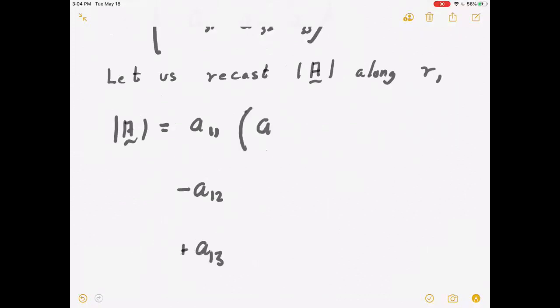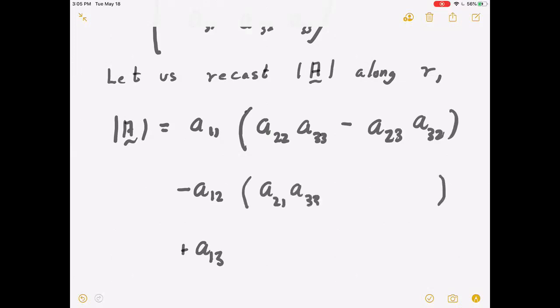And what I'm left with are terms inside parentheses: a sub 2 2, a sub 3 3, minus a sub 2 3 times a sub 3 2. The second term is going to involve a sub 2 1 times a sub 3 3 minus a sub 2 3 times a sub 3 1.